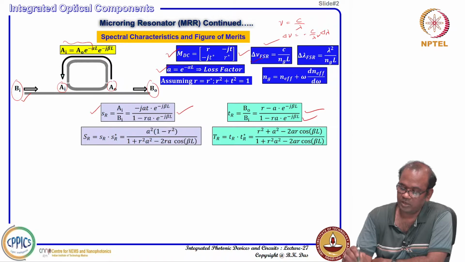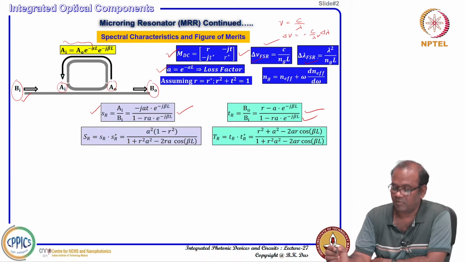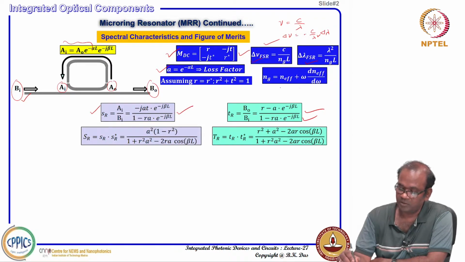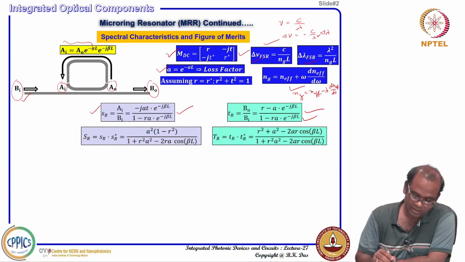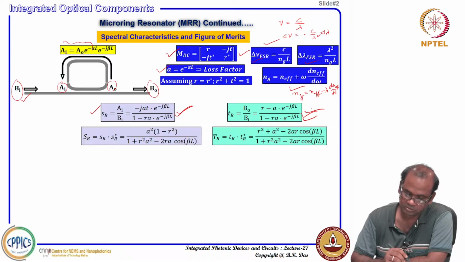Once we know delta nu, we can relate delta lambda FSR also, where the group index of the waveguide we define as n effective plus omega dn effective by d omega. Of course, this can also be converted into a function of lambda: Ng equal to n effective minus lambda dn effective by d lambda, if we convert omega to lambda. That is one way. And then this is the amplitude field enhancement, and that is the transfer function for the amplitude in the all pass configuration.